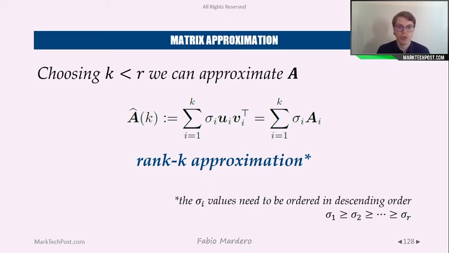Usually, when we talk about matrix approximation, we use the sigma values in descending order. So sigma 1 is equal or greater than sigma 2 and so on. So here in this sum we are taking the k greatest sigmas.